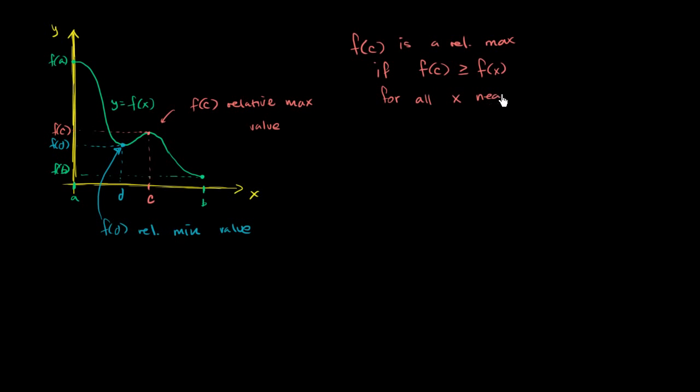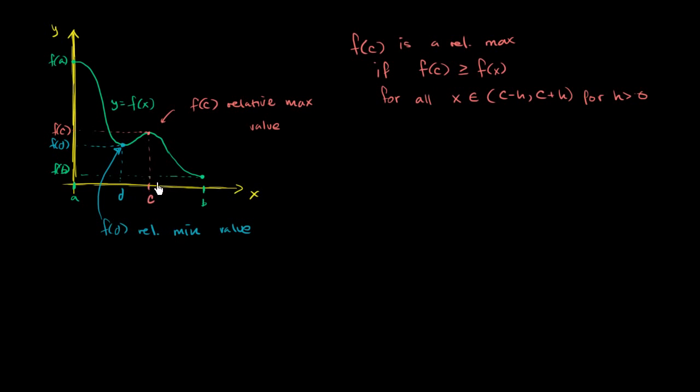So we could write it like that, but that's not too rigorous, because what does it mean to be near c? And so a more rigorous way of saying it, for all x that's within an open interval of c minus h to c plus h, where h is some value greater than 0. So does that make sense?